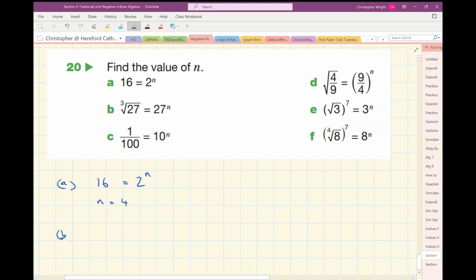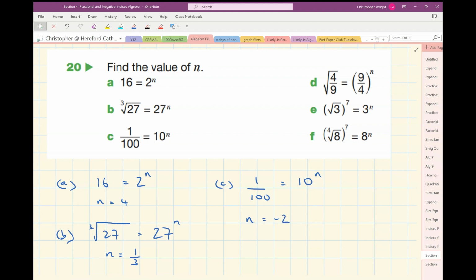Part B, the cube root of 27 is the same as 27 to the power of what? Well, 27 to the power of a third. And part C, 1 over 100 is 10 to the power of what? Answer 10 to the power of minus 2. So that is A, B, and C done.